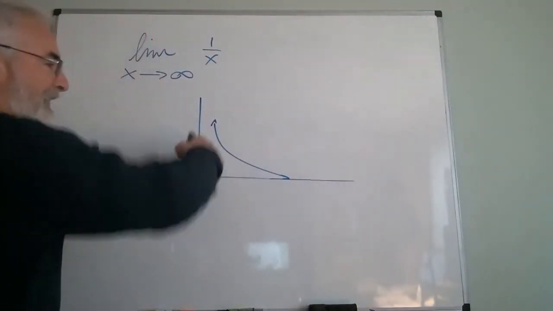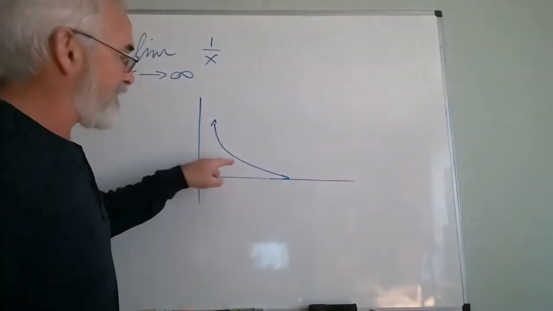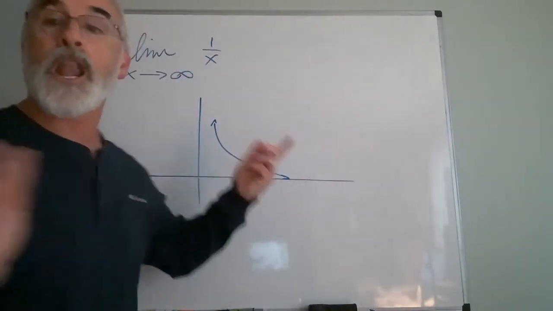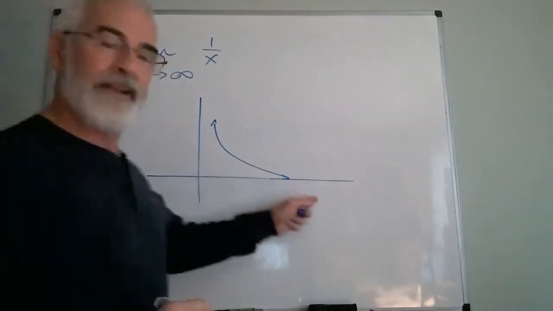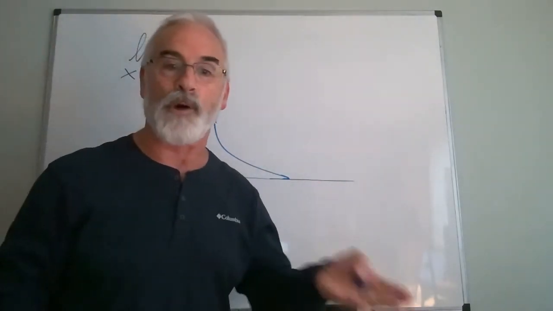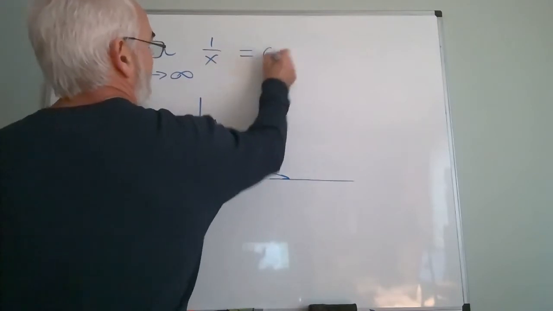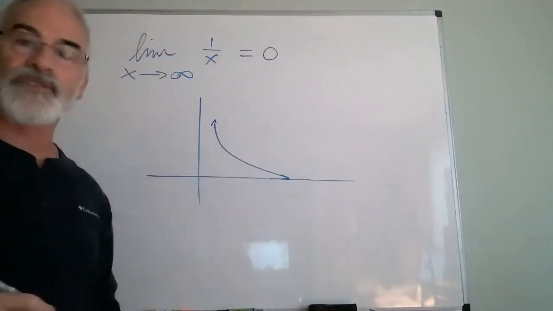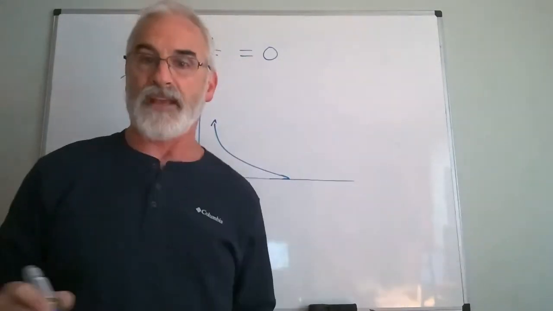Okay, so everybody sees this is an asymptote. Now, does the curve ever hit the axis? No, there is no value of x where I ever hit the axis. But as x gets bigger and bigger, the y is getting smaller and smaller. So the limit is 0. This is another way of saying I have a horizontal asymptote at the x-axis.